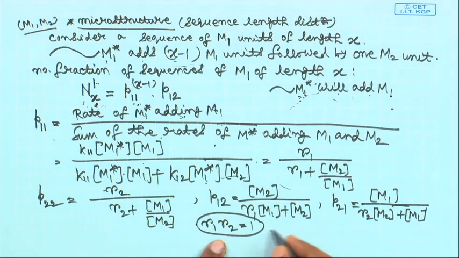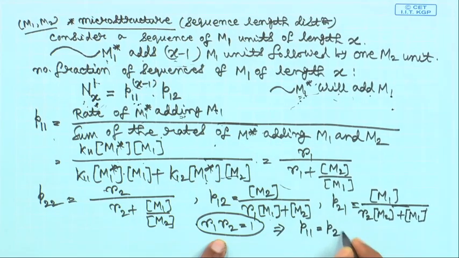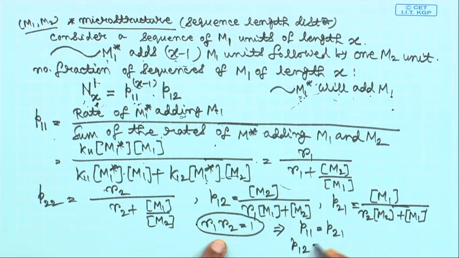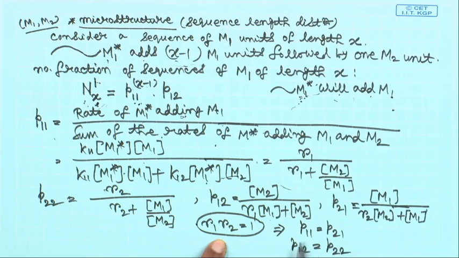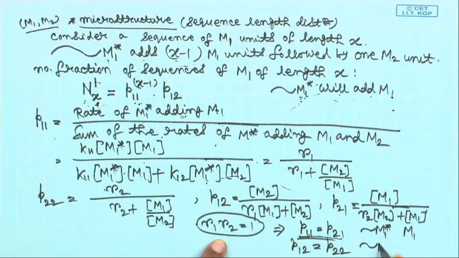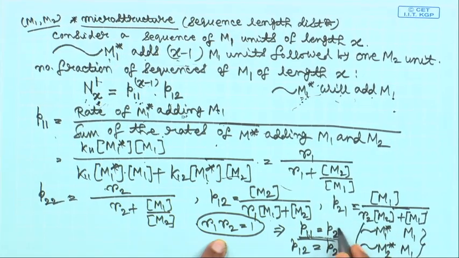If you put that, it turns out that your P11 equals P21 and P12 equals P22. What does that mean? P11 equals P21. The probability that M1 star will add M1 and the probability that M2 star will add M1 are the same.